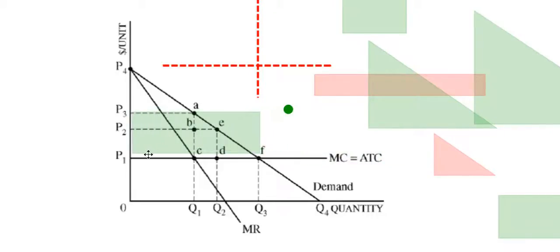We're going to produce at a quantity of Q1, and our price is going to be P3. So our profit is going to be whatever revenue we can get above our average total cost right here. So that's going to be the area P1, P3, A, C.